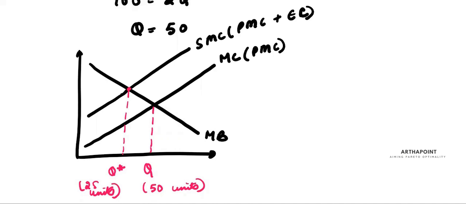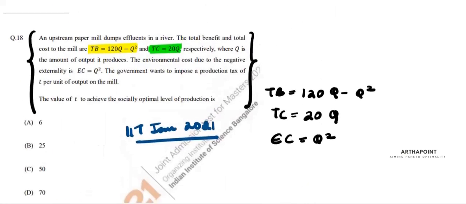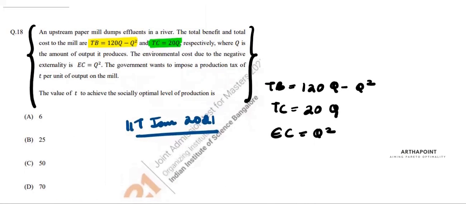So you want the firms to recognize that there is an external cost that they're incurring. Whenever they go ahead and produce, they're creating some kind of pollution, some kind of environment issues.